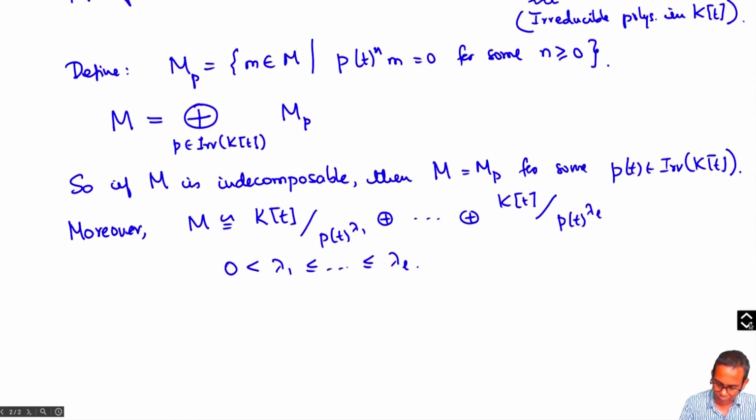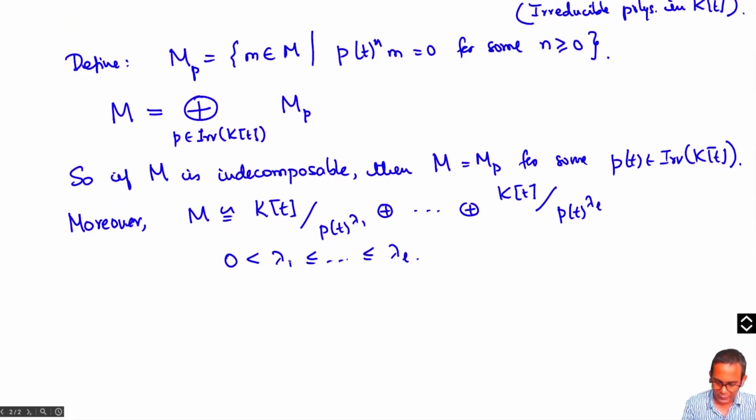And the uniqueness of these invariants lambda 1 to lambda L can again be viewed also as a consequence of the Krull-Schmidt theorem.